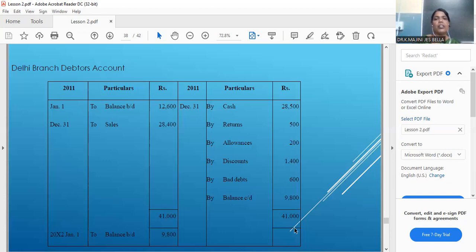Total it, 41,000, total both sides 41,000. Okay. Carry forward this closing balance for the next year. January 1st, 2012, to balance BD. To balance BD, how much? 9,800, right? So you can write here 9,800.